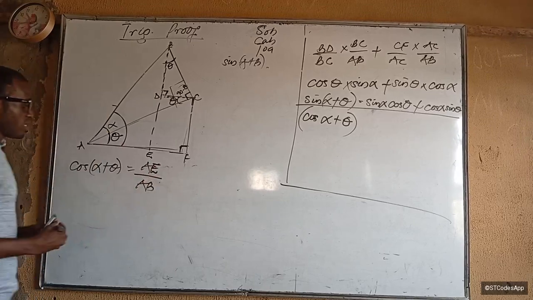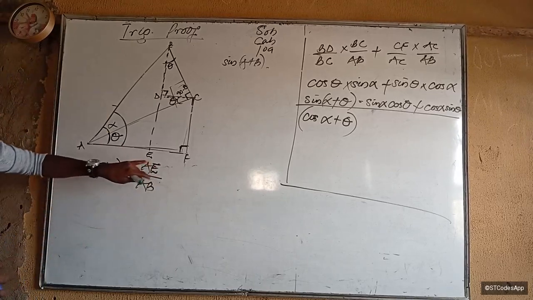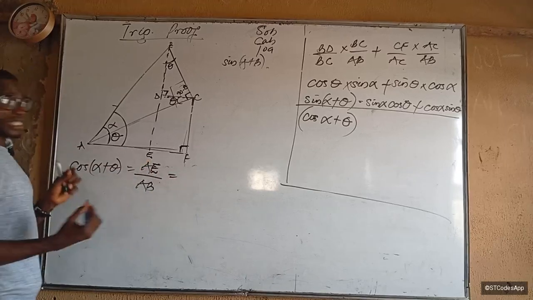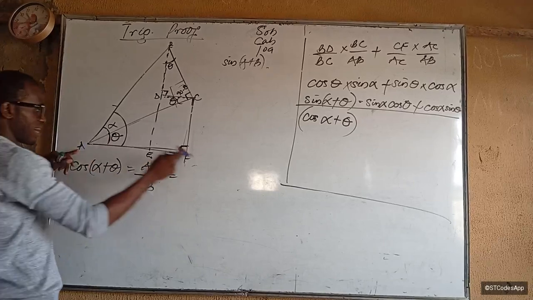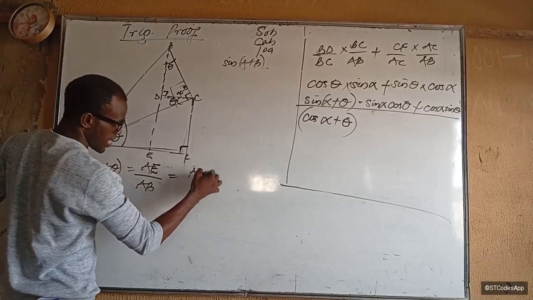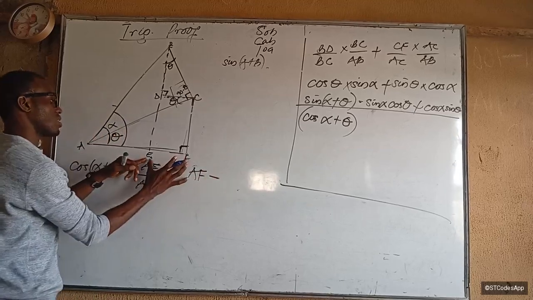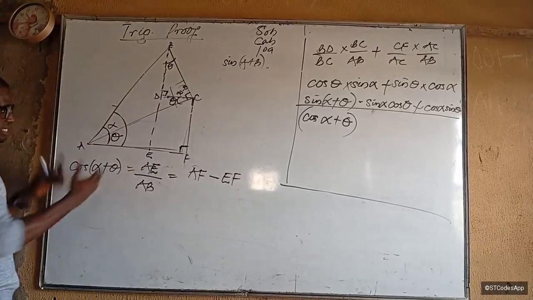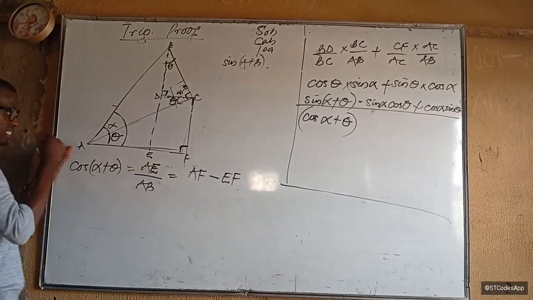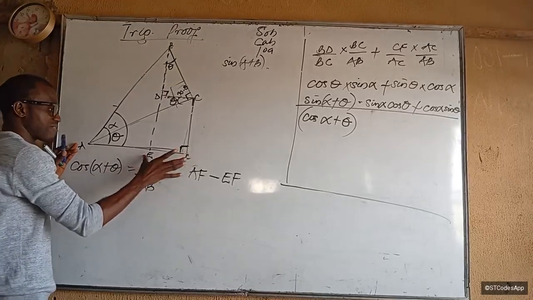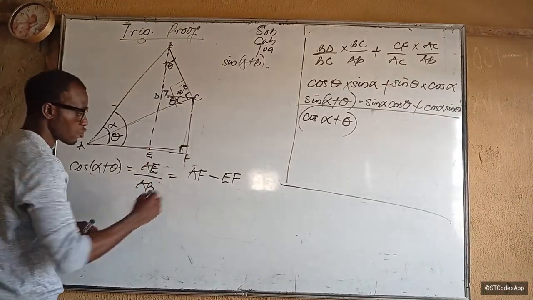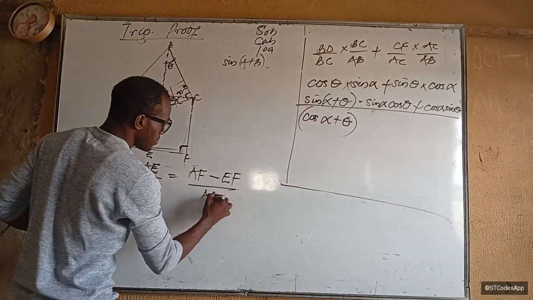Is that clear? Now, this side AE can be written as line AF minus EF, because look at it, this is AE. So if you subtract EF from AF, you get AE. Exactly. So over line AB.